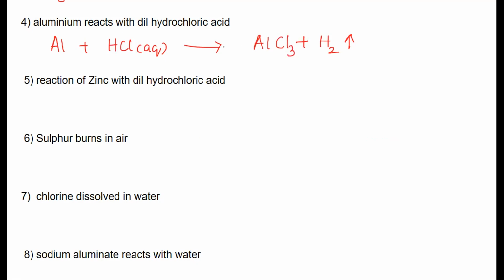Okay, but here chlorine 1, hydrogen also 1, here hydrogen 2 is there. And chlorine here we got 3. Okay, if I multiply here by 2, chlorine will become 2 only, hydrogen becomes 2, but we need 3.